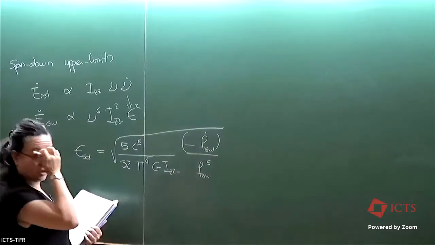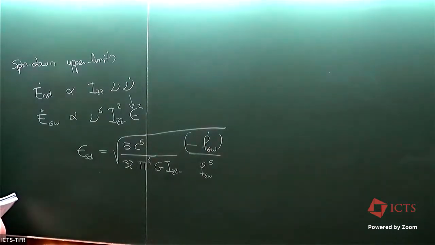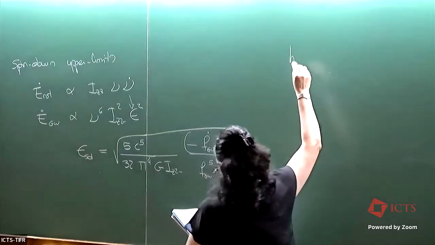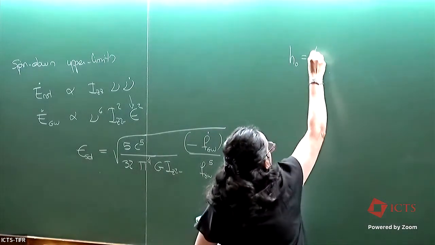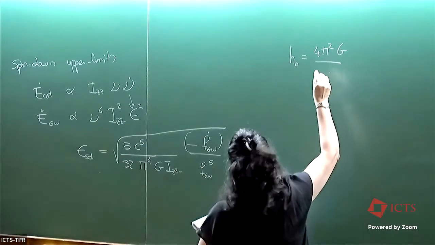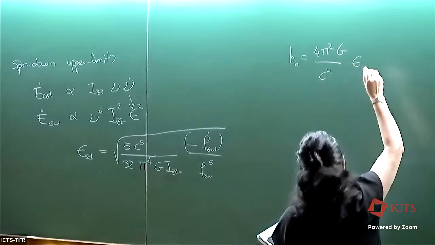And here I have already made an assumption: this is a triaxial neutron star and the gravitational wave frequency is twice the rotational frequency. If we recall that the amplitude of the gravitational waves was 4 pi squared G over c to the 4.